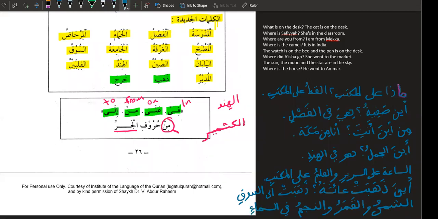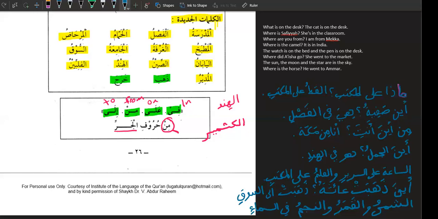In English we put commas, and then the last noun we say and. In Arabic, when we list the sun, the moon, the star, the bag, the dog, we don't put commas. We just add wa after every one. So we say الشمس والقمر والنجم في السماء.